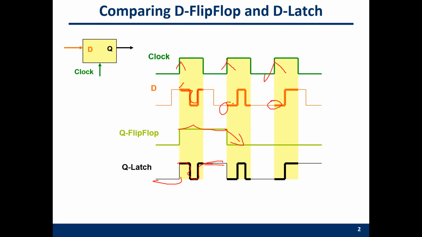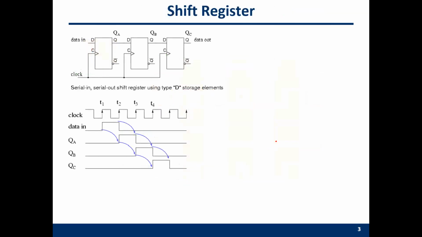Although the input changes to high during the cycle, if at the rising edge the input is low, then the output still holds low. So the flip-flop is only sensitive to the rising edge in this case.